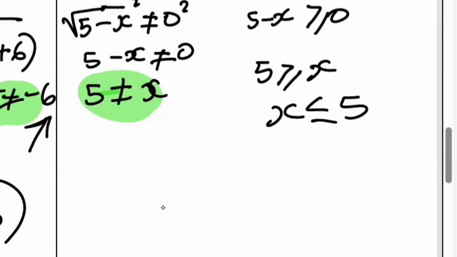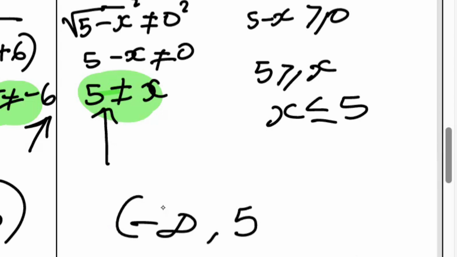So on seeing that, we're coming from negative infinity to 5, but 5 cannot be a part of the solution. So we're coming from negative infinity to 5, but I have to use the regular parenthesis, not the square bracket. Even though this would suggest otherwise, we have to remember that 5 cannot be a part of our response. We're going to stop there for now. See you next time.